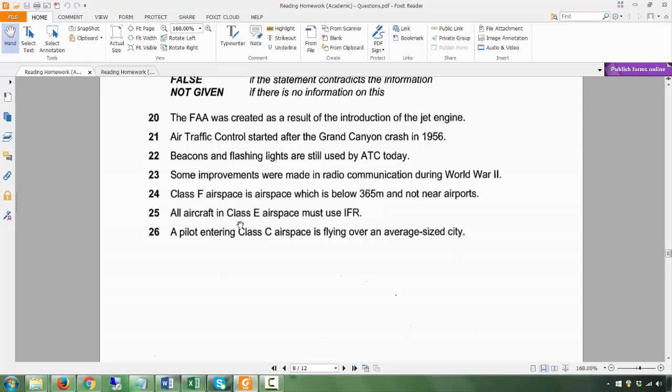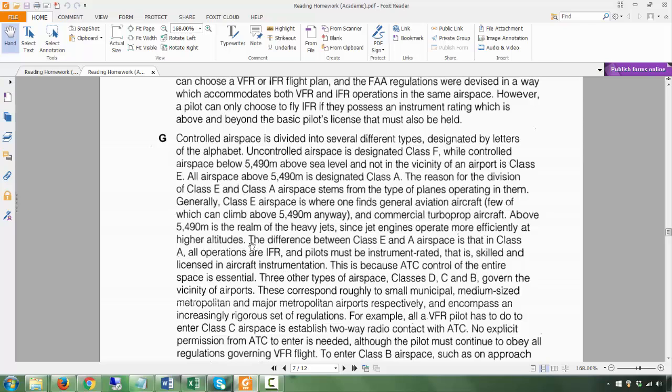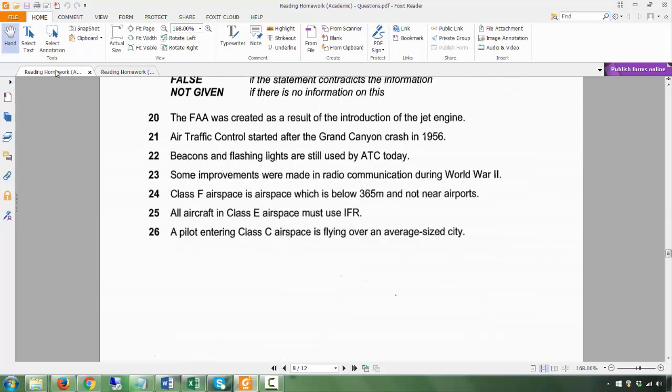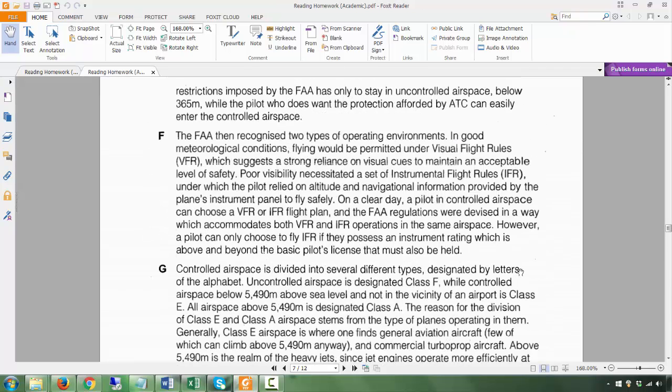Okay, all aircraft in Class E airspace must use IFR, and that is false. G. The difference between Class E and A airspace is that in Class A, all operations are IFR. Now, what is IFR? Let's have a look at what that is.